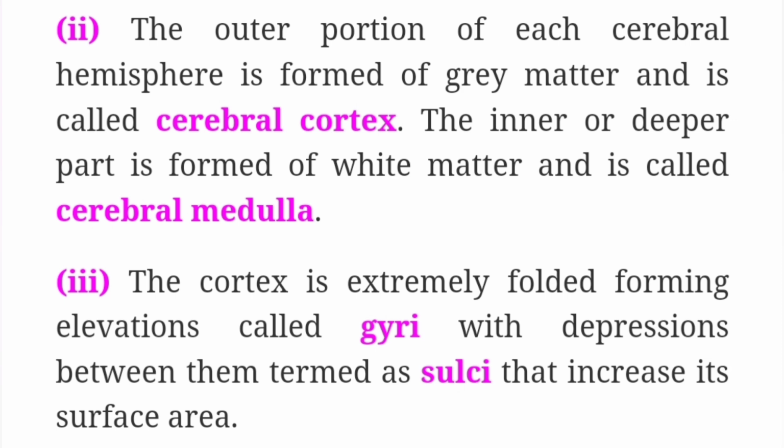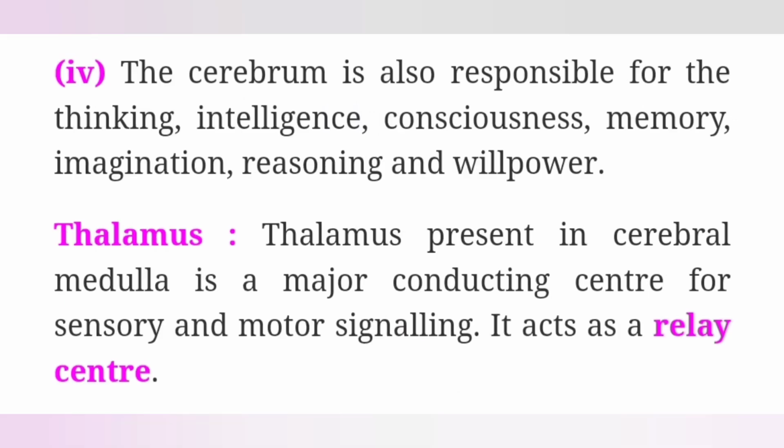Third point, the cortex is extremely folded, forming elevations called gyri with depressions between them termed sulci that increase the surface area. Fourth point, the cerebrum is also responsible for thinking, intelligence, consciousness, memory, imagination, reasoning, and willpower.